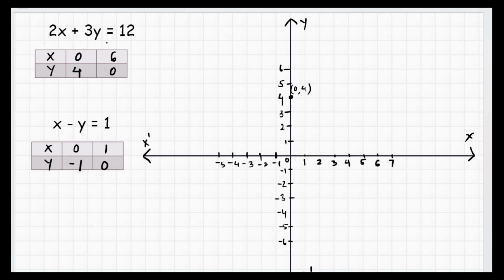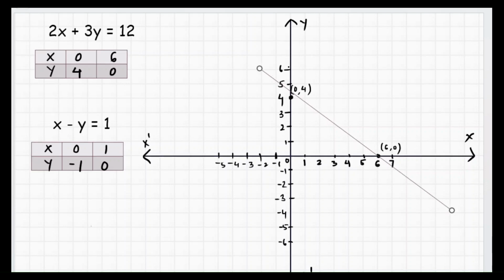Write the coordinates. x 6, y 0. So x 6 means on the x-axis you have x 6 and of course y is 0 on the x-axis. So this point is 6, comma 0. Let's draw a line joining these 2 points. All right, a little bit over here to join the points nicely.